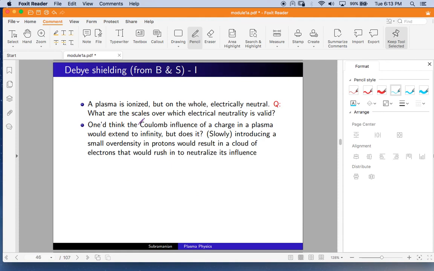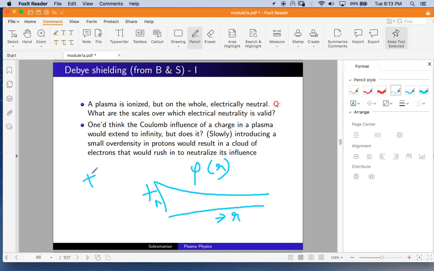Now, if you simply had a bare positive charge, the Coulomb potential would extend to infinity. The potential phi as a function of r, if you simply had a positive charge sitting here, would extend to infinity.